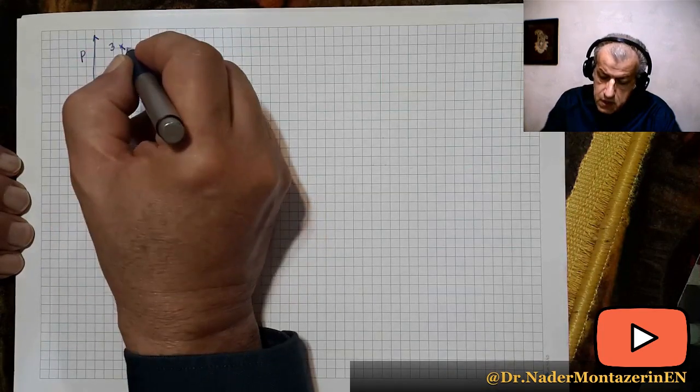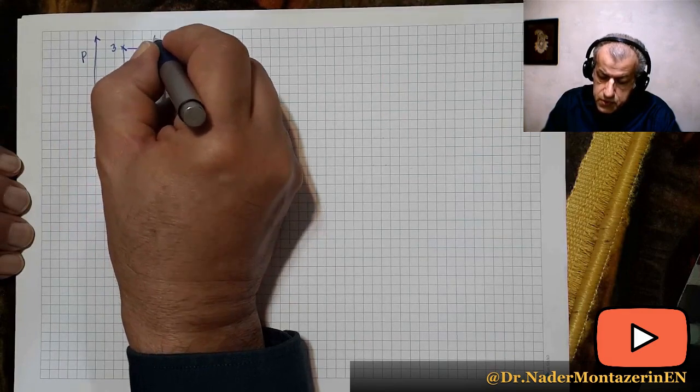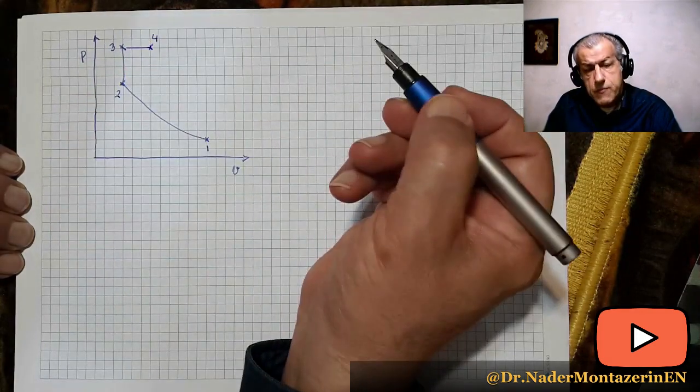Then there is a constant pressure part up to point 4 in a diesel engine.